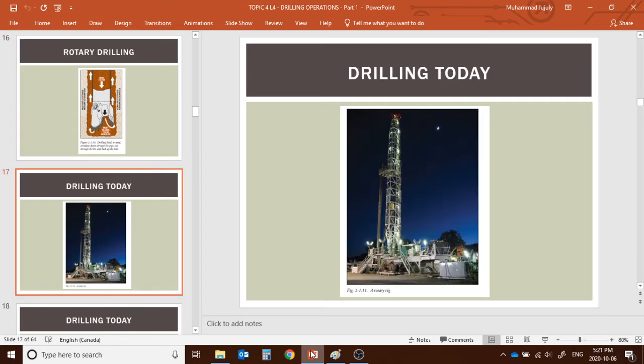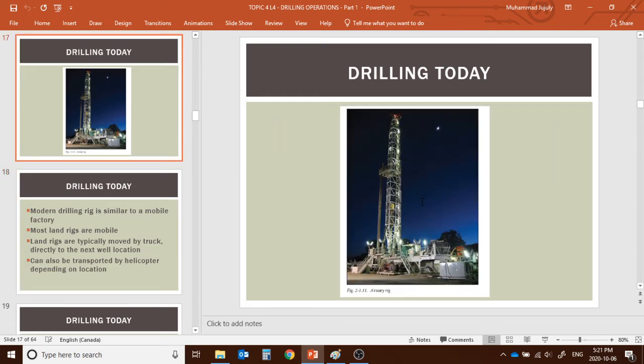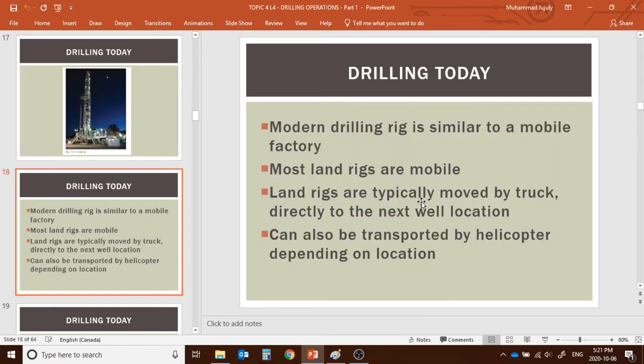Now this is what drilling looks like today. These drilling rigs are mobile, and we use different types of drilling rigs nowadays, as you will see in later slides.